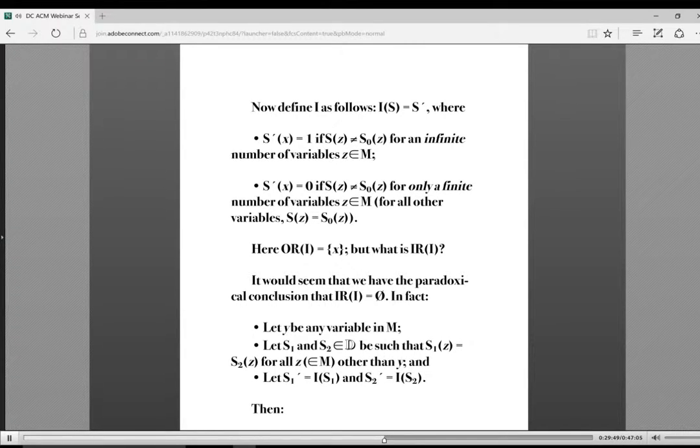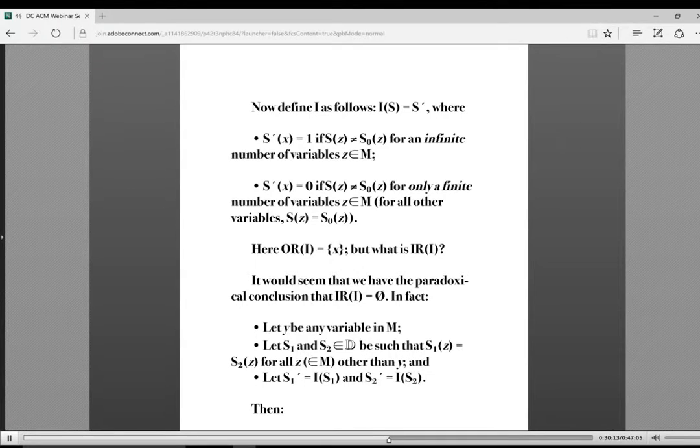let Y be any variable in M. Let S1 and S2, which are in D, be such that S1 of Z equals S2 of Z for all Z in M other than Y. And let S1 prime and S2 prime be defined as we did before.